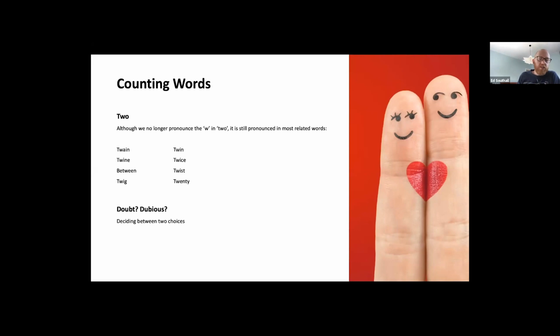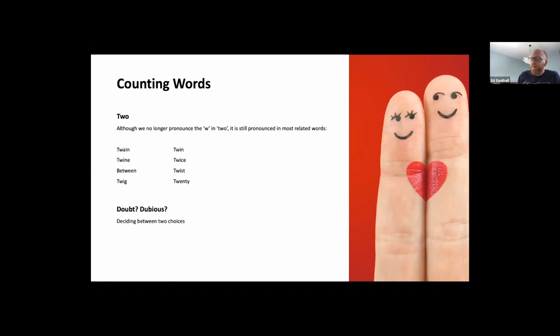So we have twain, twine, twig, between, as in across 2 things. Twin, kind of self-explanatory. Twice, very self-explanatory. 20 essentially means 2 tens. And twist is the idea of 2 things twisting around, if you can see me.